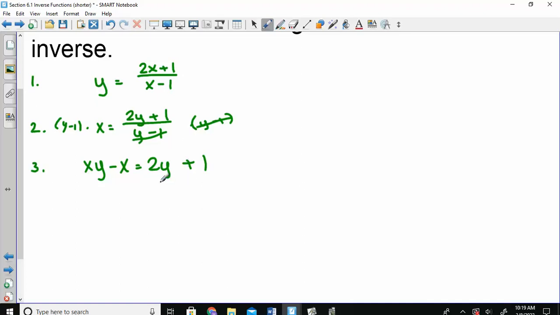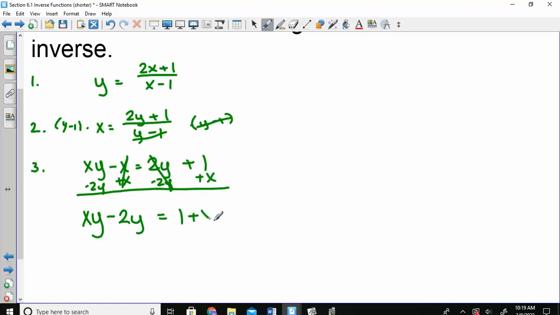I'm trying to solve for y. I have more than one, so I'm going to put them on the same side. These aren't like terms, we can't actually combine them, so we just have xy minus 2y. We need to add over my x equals 1 plus x. What can I do here? Divide the x. Close.